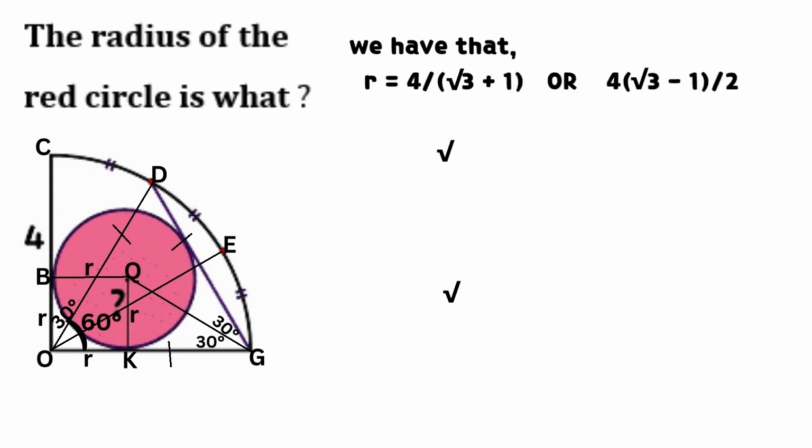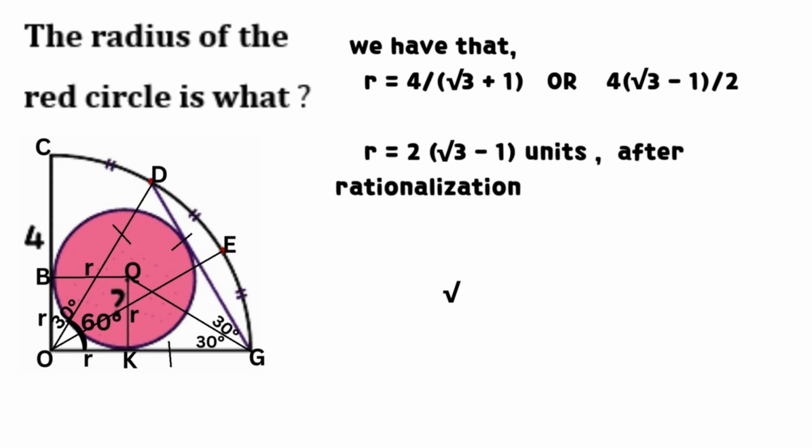We have that R equals 4 divided by the sum of the square root of 3 and 1, or half of the product of 4 and the square root of 3 minus 1. Hence, R equals the product of 2 and the square root of 3 minus 1 units, after rationalization of the denominator.